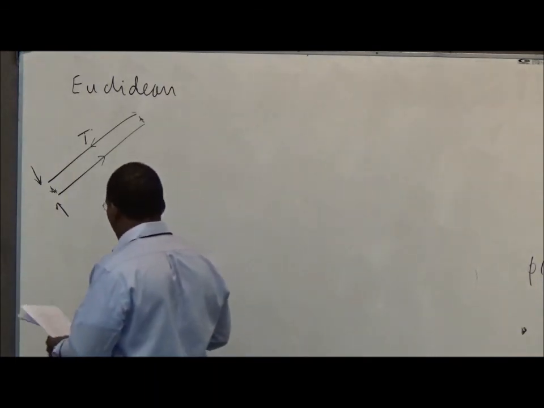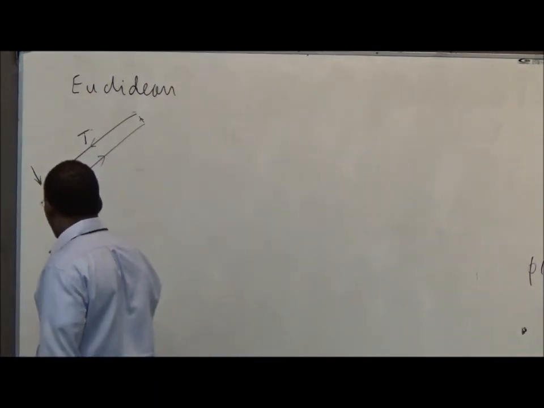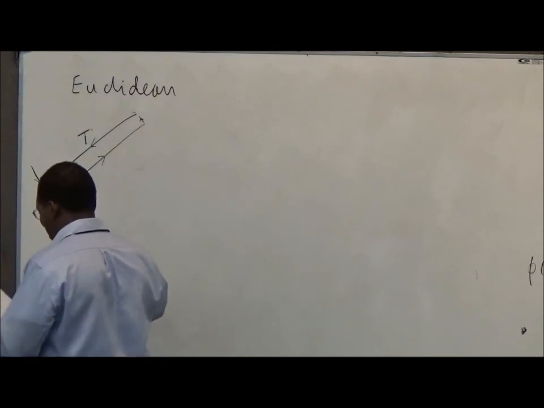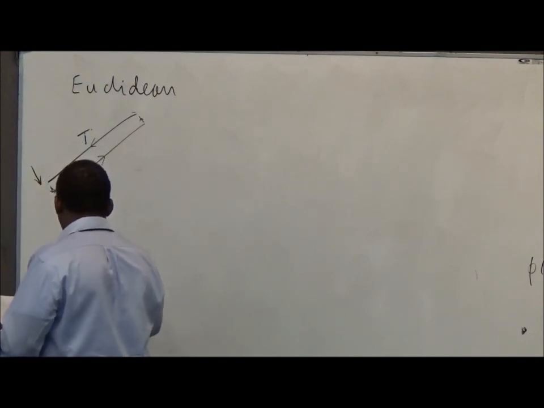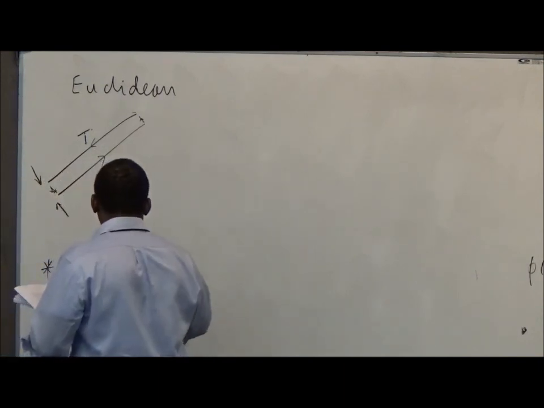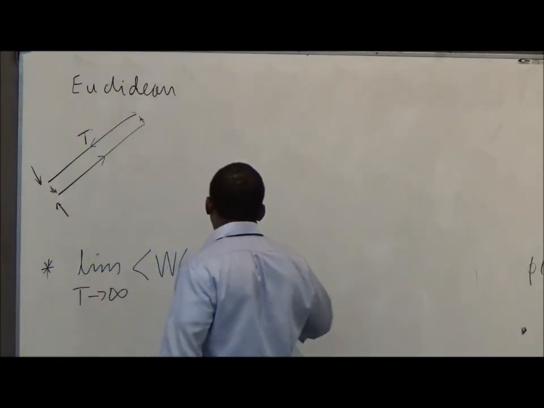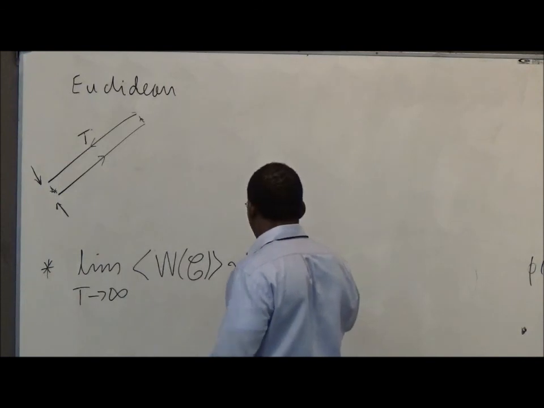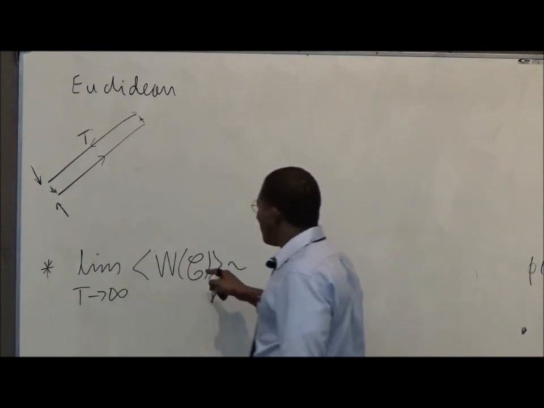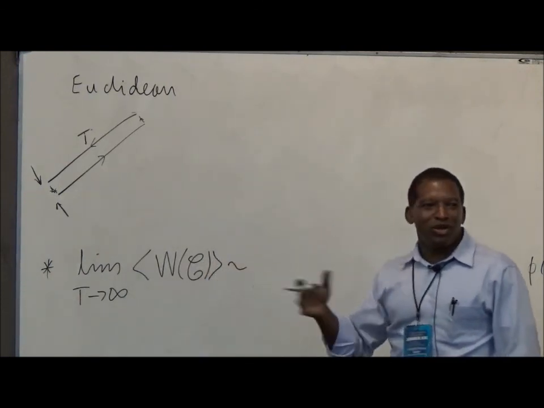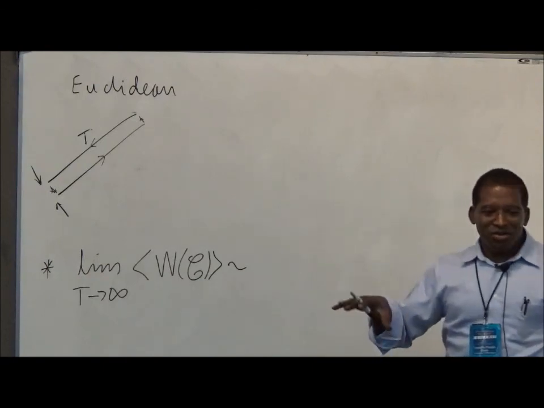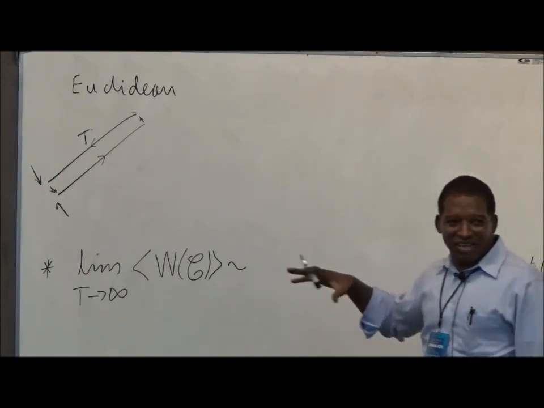And more importantly, also for people who work in lattice QCD, if you take the limit as t goes to infinity of the expectation value of the Wilson loop, this I hope that you have done in quantum mechanics. If you're looking at a transition like this, only the lowest lying state survives.